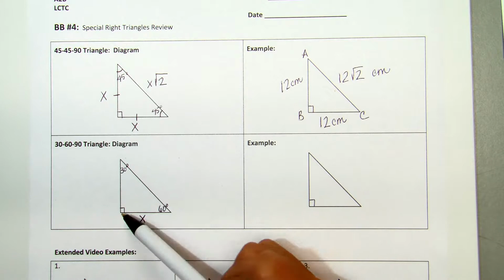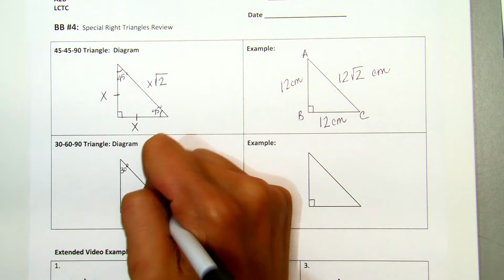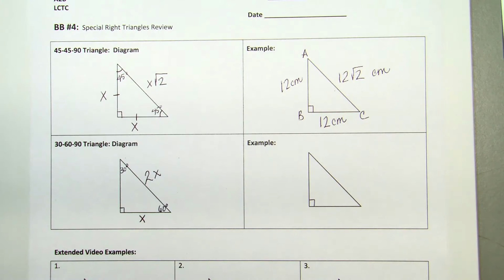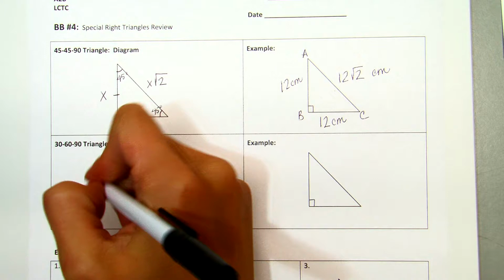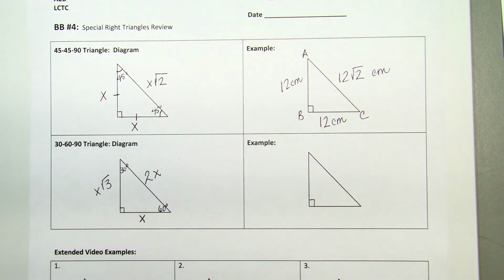Opposite of your 90 degrees, which is your longest side length, that proportion is going to be 2 times x. Which means 60, which is your middle angle, the leg opposite of 60 is always going to be x times the square root of 3. So that's going to be a proportion with your 30-60-90 right triangles that will always hold true.